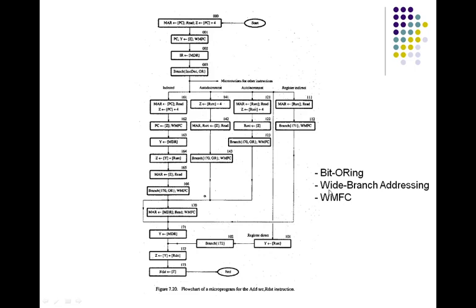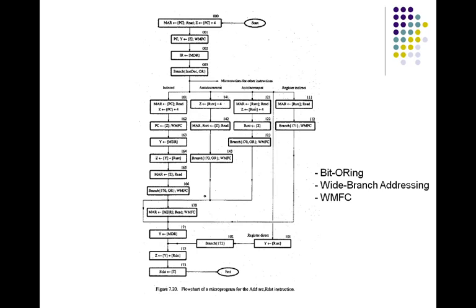The next one is wide branch addressing. As you can see in this particular figure, it includes a wide branch in the microinstruction at location 003. The instruction decoder, abbreviated as inst dec, generates the starting address of the microroutine that implements the instruction that has just been loaded into the IR.